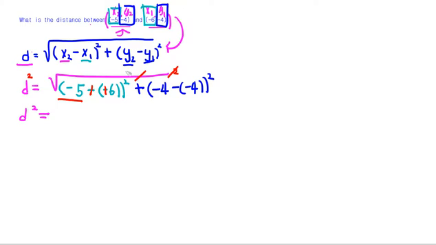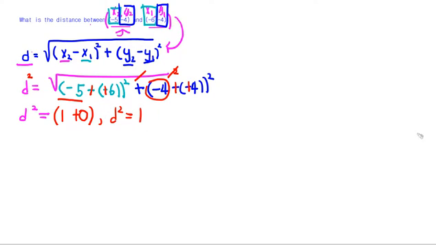It turns into negative 5 plus 6, which is 1, squared, so 1. Plus negative 4 minus negative 4, which turns into positive, so negative 4 plus 4 is 0, squared, which is equal to 0. And then we get distance squared is equal to 1. So distance squared is just equal to 1.